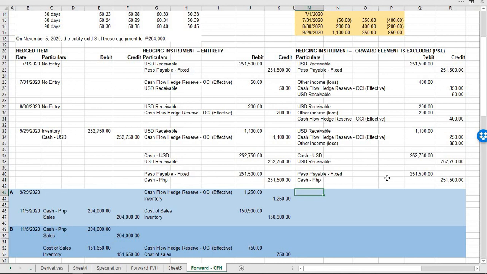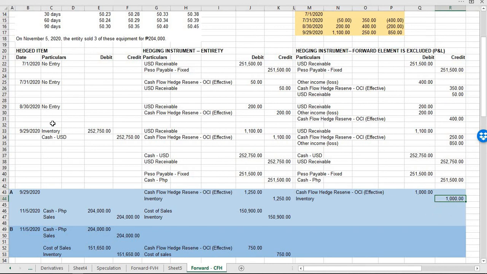So, para isara, dahil may credit balance ang cumulative balance ng ating cash flow hedge reserve, para yun ay i-close, that is a debit to cash flow hedge reserve for 1,000 pesos at i-credit ang ating non-financial asset na inventory at 1,000 pesos. So, kapag ito ang ginamit natin for the hedging instrument, ang inventory natin ay mababawasan by 1,000 pesos.